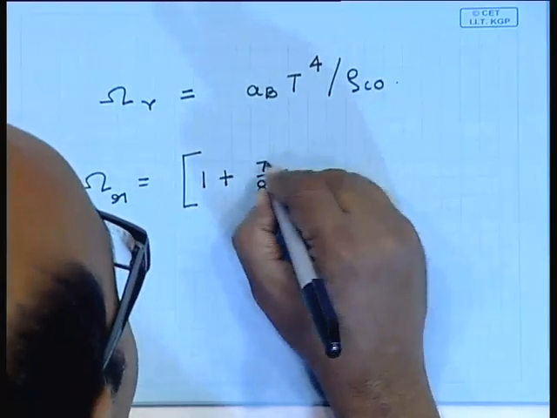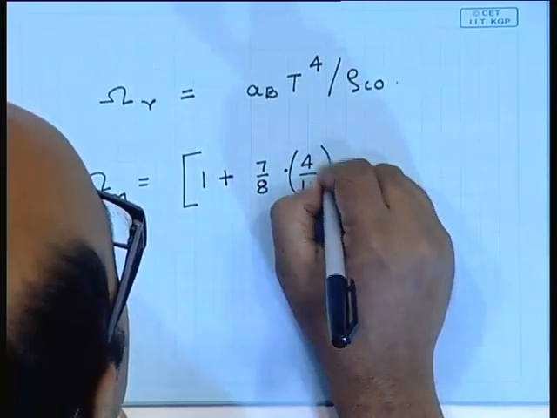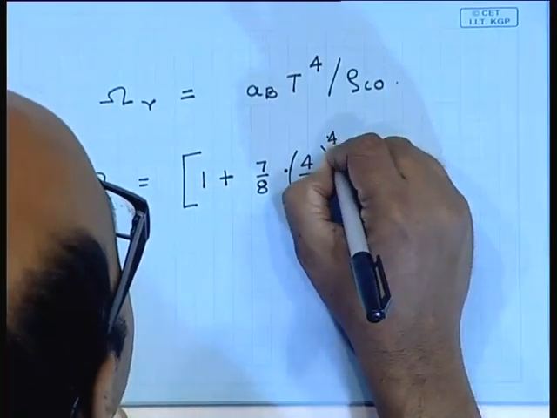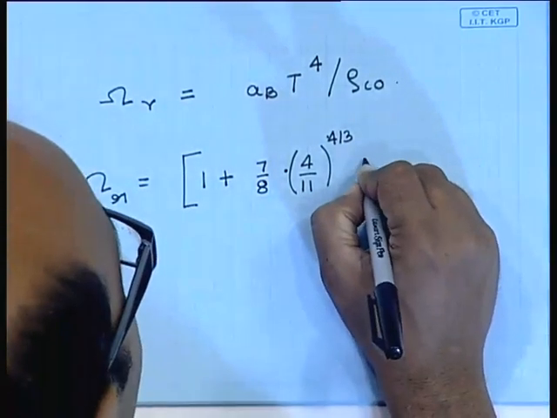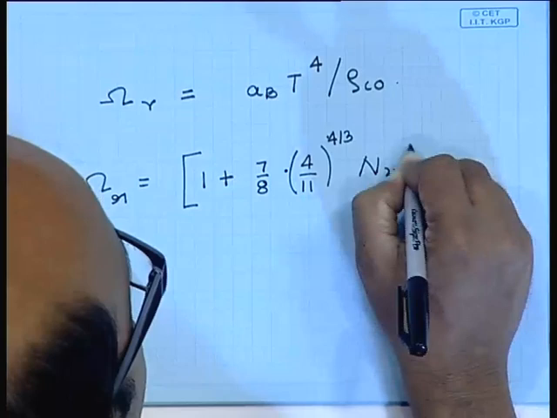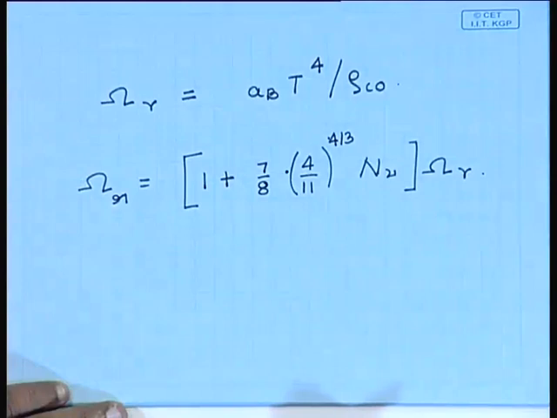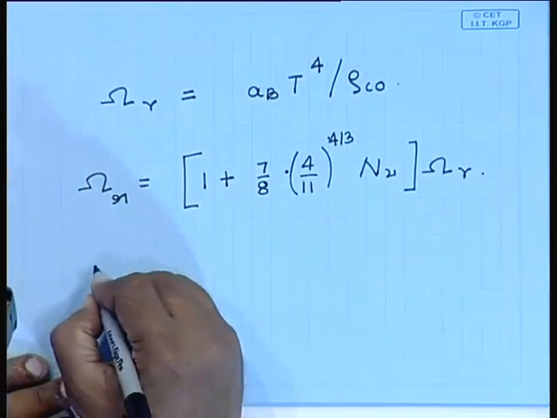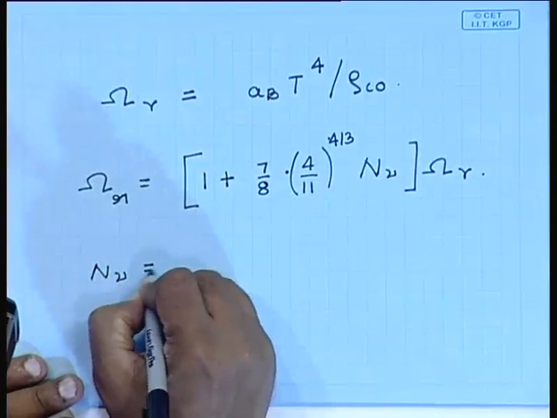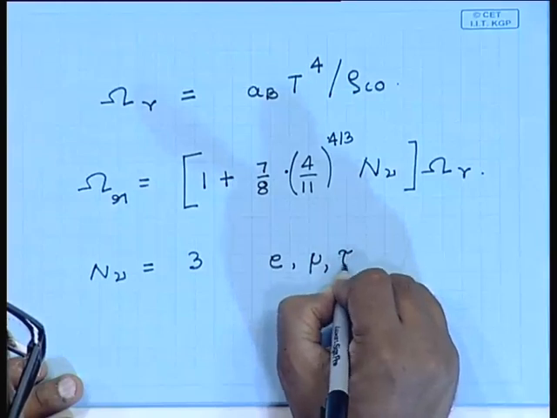So the energy density is going to be lower by a factor of (4/11) to the power of 4/3. Okay, and then we could have many species of neutrinos. So it is currently believed that this number of species is 3. There are the electron neutrino, the mu neutrino, and the tau neutrino, 3 kinds.